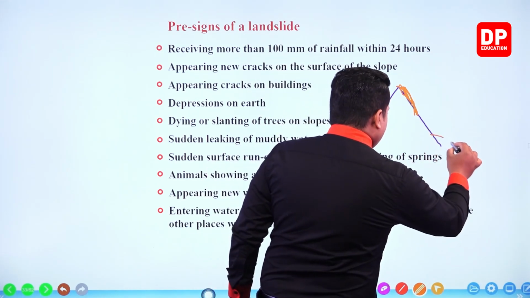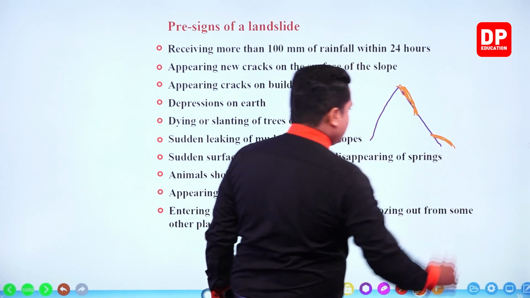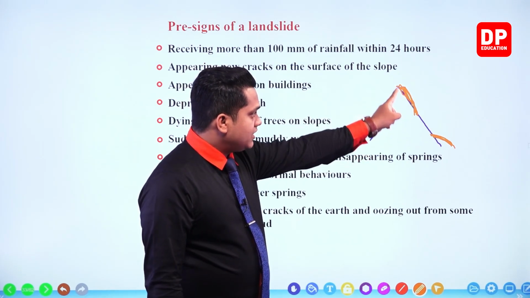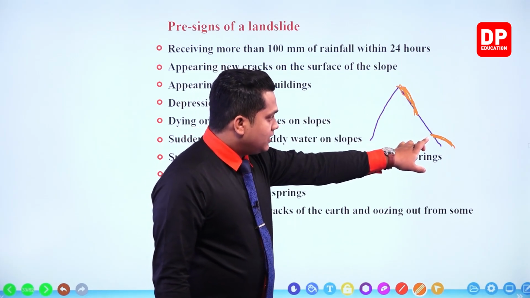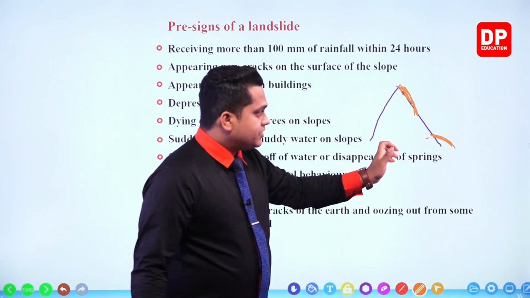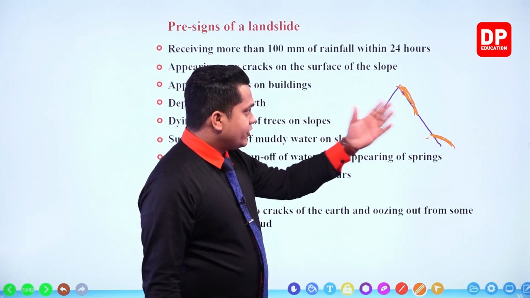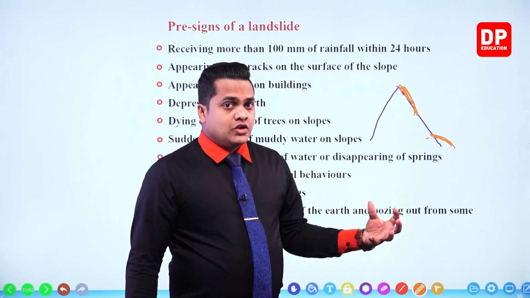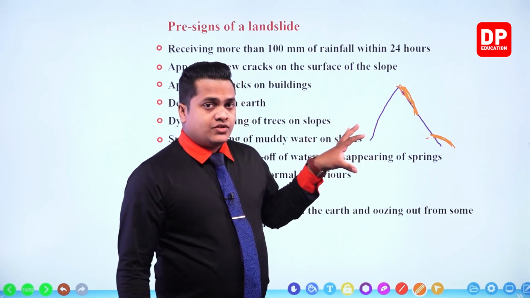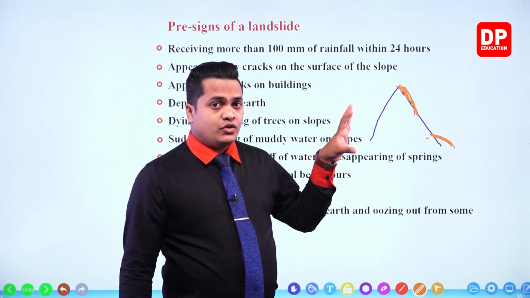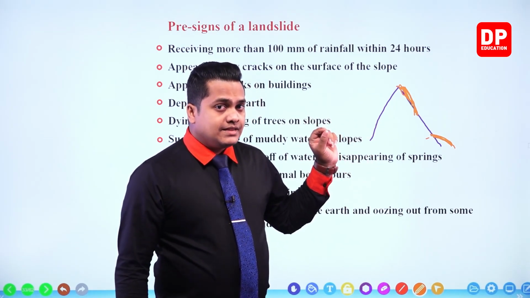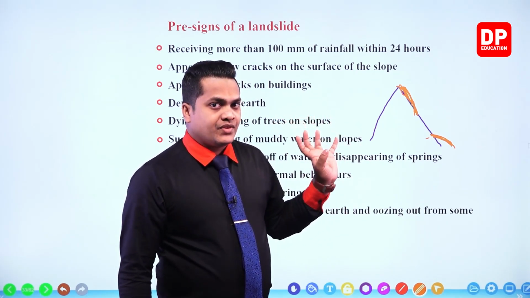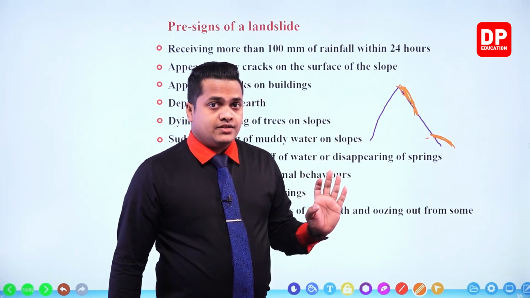Then once again from this place it is going to come out. From the top of the mountain water is coming like this, then from this kind of a place it is going to ooze out. From here it's going to disappear, then from a different place it's once again going to appear. So if you can observe this kind of a condition, then my dear children, it is also showing a pre-sign of a landslide. Okay, this is also a pre-sign of a landslide.